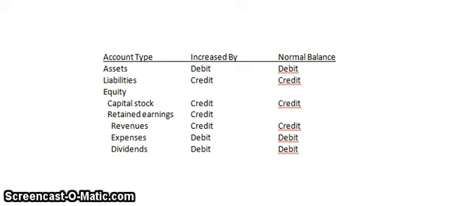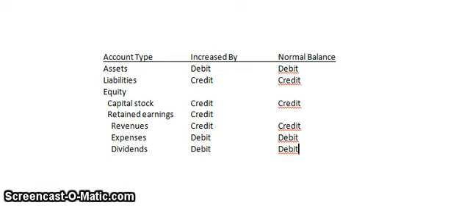That would actually mean that you were overdrawn on your checking account, for instance. So you don't expect to see cash that way. The normal balance is a debit. If we saw equipment, which is an asset, and it had a credit balance, I would know right away something was wrong there. I need to look at that. Normal balances: whatever you increase the account by, that is the normal balance.